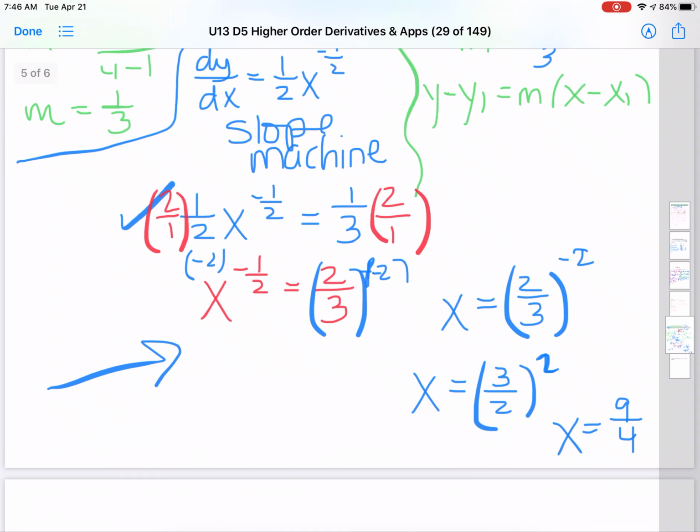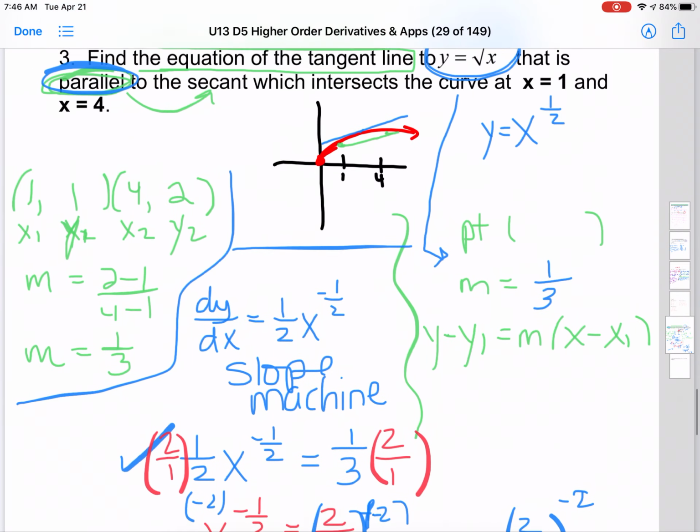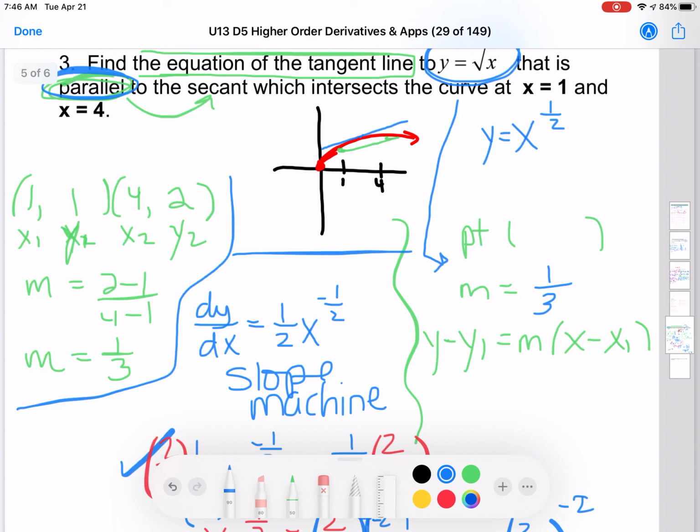So let's go back up. And now we have our x value of 9/4. So how do we find the partner of y? We'll go back into our original function, right? And let's plug in 9/4.